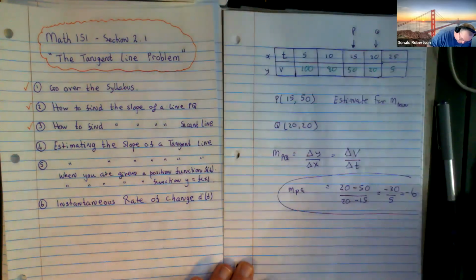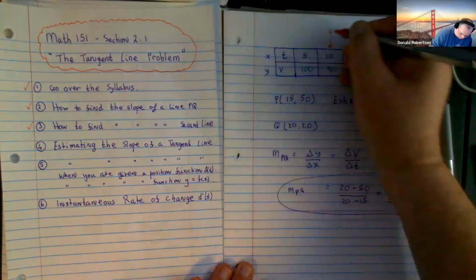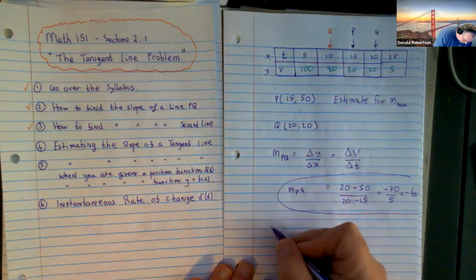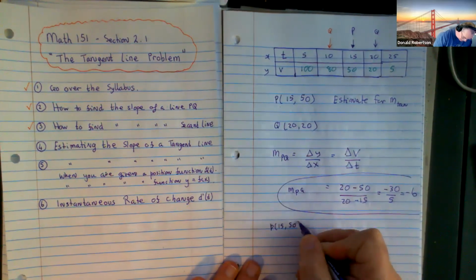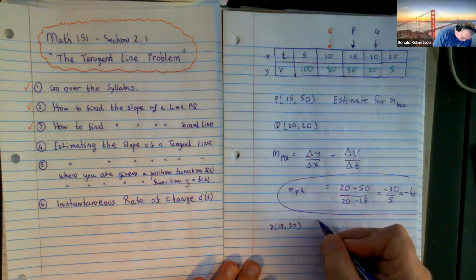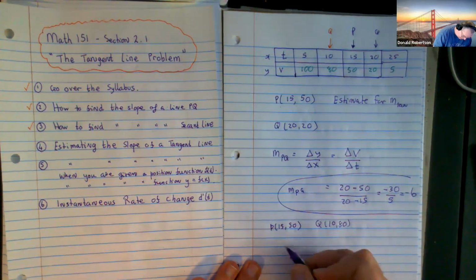And now I'm going to change, and I'm going to use that guy to be Q. So I now have P is (15, 50). I'm going to use this as my Q. So that's (10, 80).